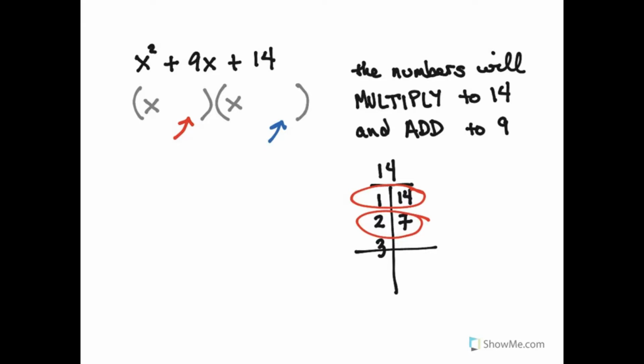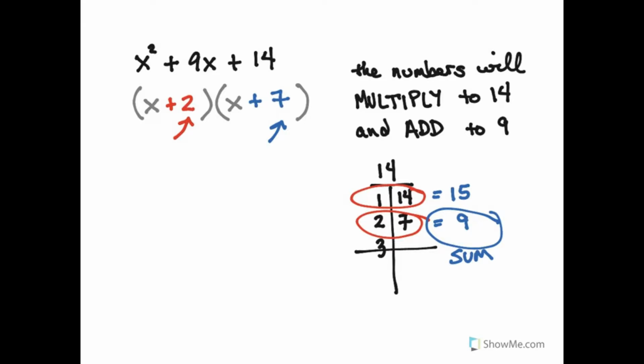Well, now I just need to check and see what they add to. So 1 plus 14 is 15, and 2 plus 7 is 9, and there's the sum I need. Both 2 and 7 are positive, so it's x plus 2 and x plus 7.